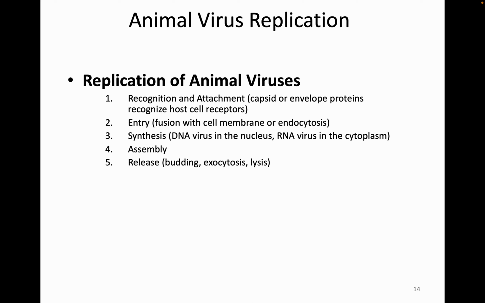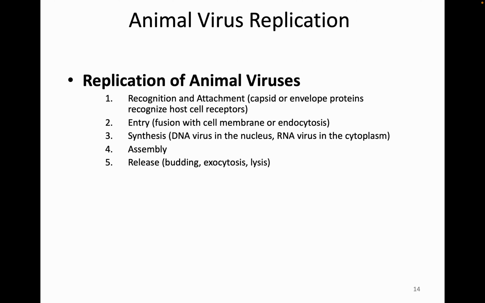Animal virus replication. So replication of animal viruses is based on recognition and attachment. The capsid or the envelope proteins recognize the host cell receptor. So this is how the virus finds a host cell. Then there's entry. So there could be fusion with the cell membrane or endocytosis. And then synthesis is the next step.